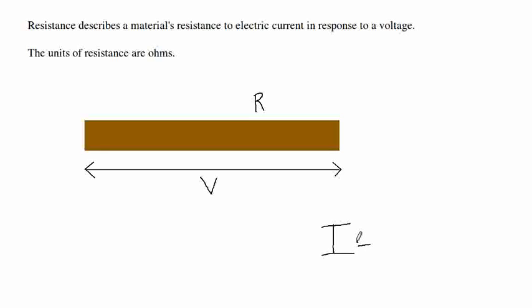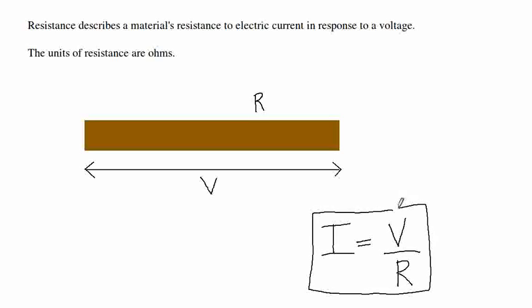I'm going to say current is equal to some coefficient times the voltage. And that coefficient is related to the resistance. More resistance is going to mean less current. So you want to multiply the voltage by the reciprocal of R, or divide the voltage by R. This is what's referred to as Ohm's law.